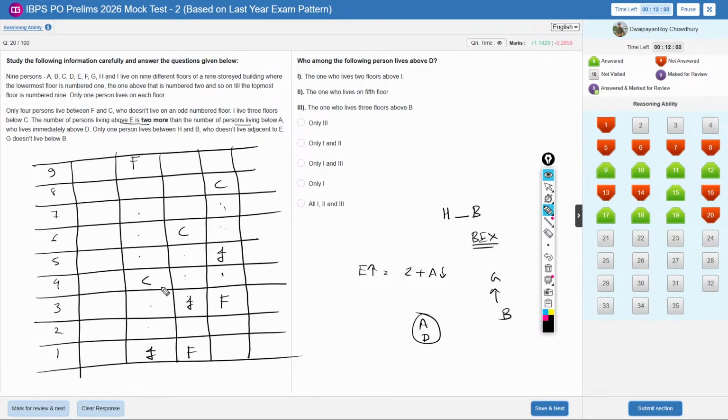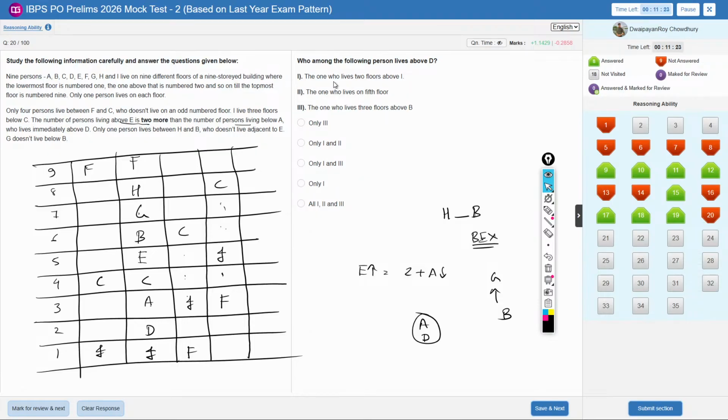Now what I can do, it's A D here, below A 2, above 4. So I'm just thinking, I'll write another slot here, that AD is here, ED here, H and B gap of 1, G here. So I think this is fine.